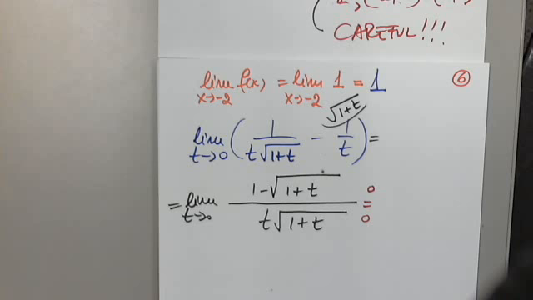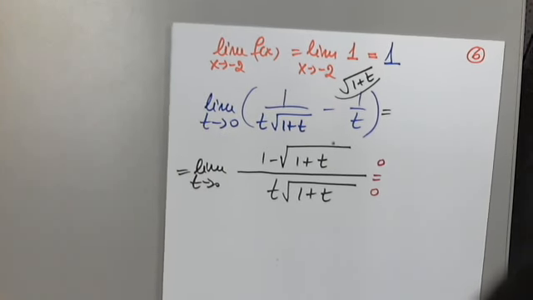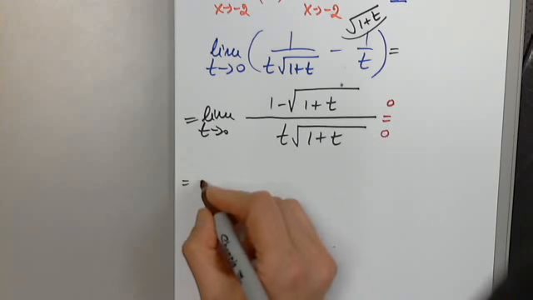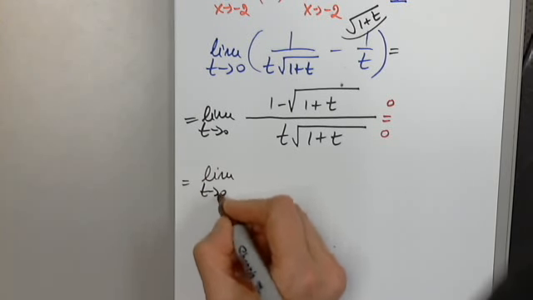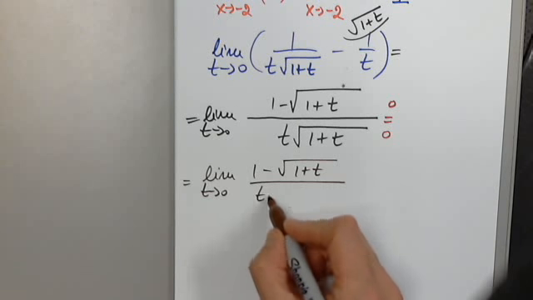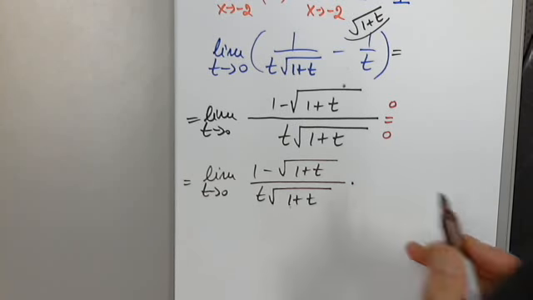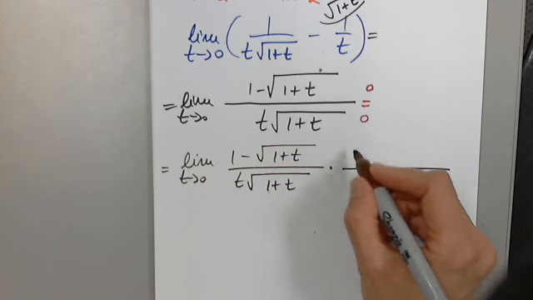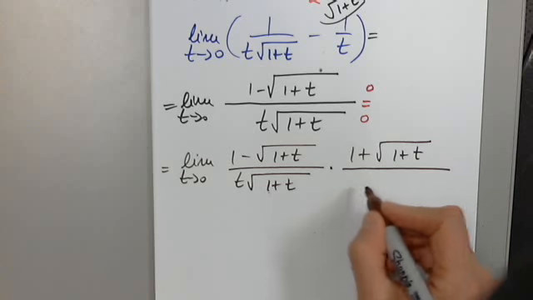Like we did a few minutes ago. What do we need to do? Multiply by the 1 plus square root of 1 plus t.